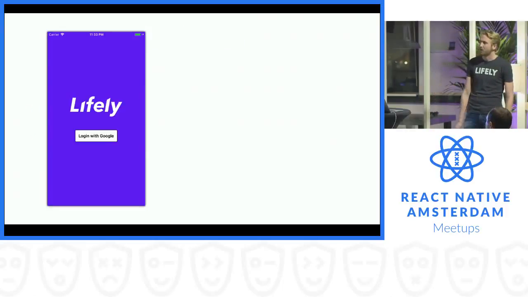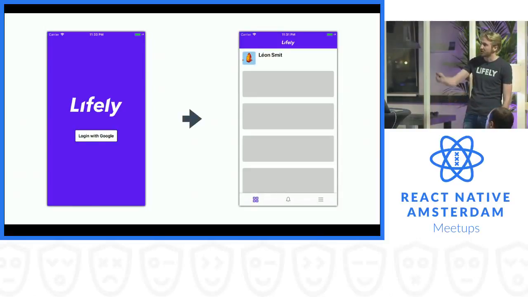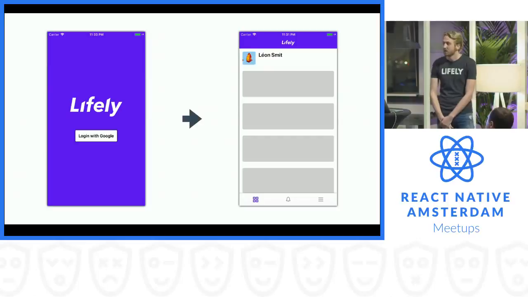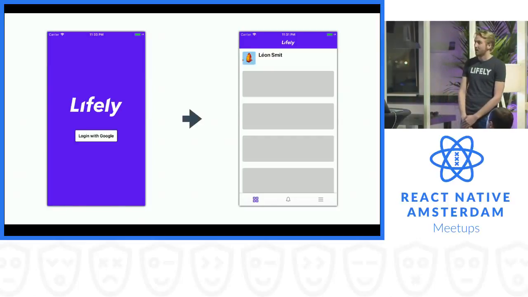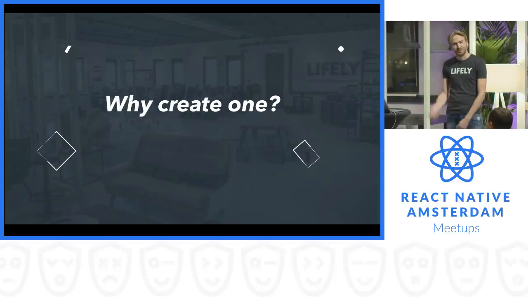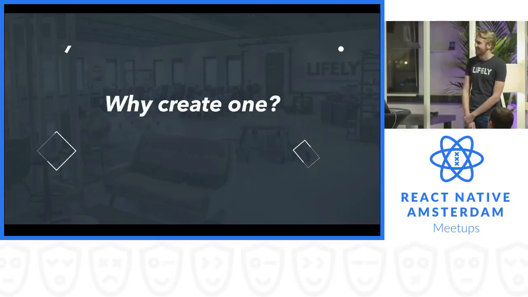So, for example, here we have a login screen of our internal mobile app. And after the login, you will want to send the user to the dashboard page. So, a Navigator provides this capability. Well, that was a short introduction to Navigators.